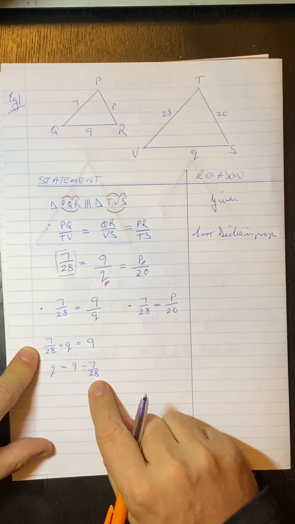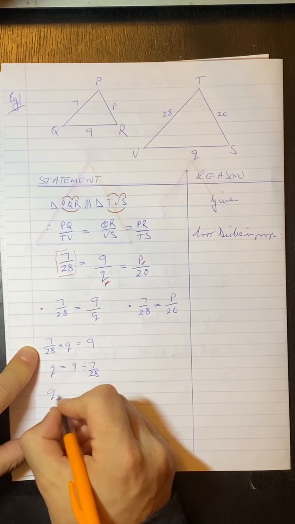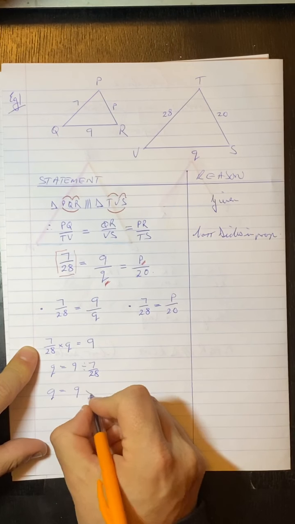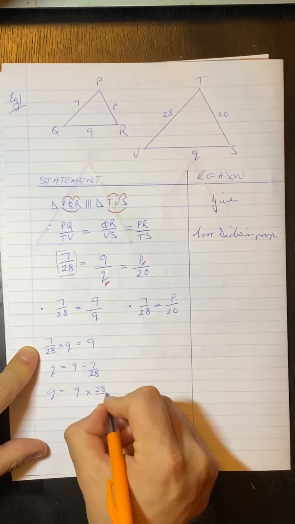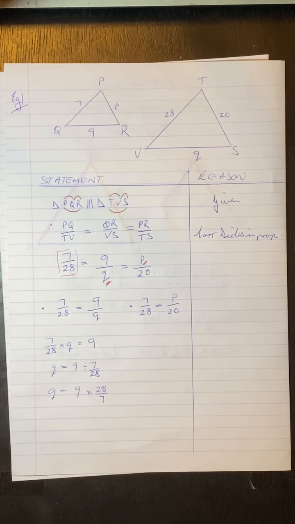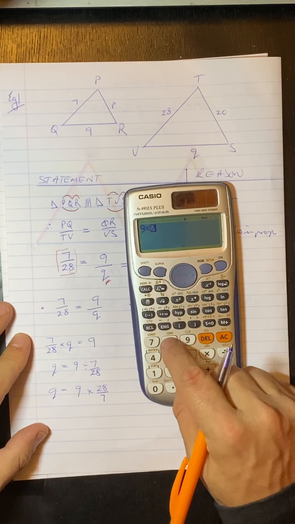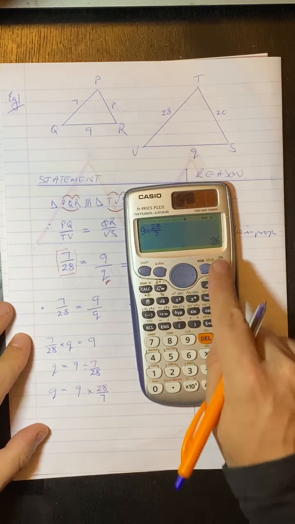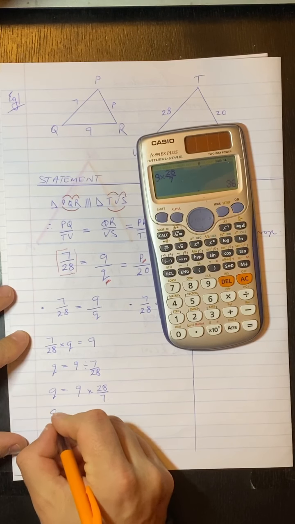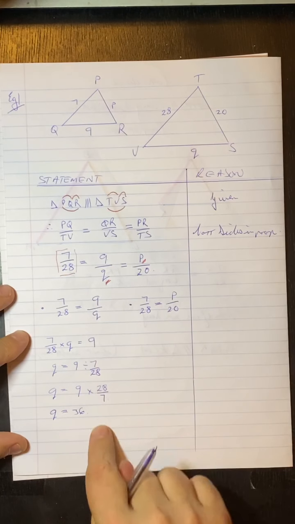And remember grade 9s, if you're dividing by a fraction, you tip and times. So we get Q is equal to 9 times 28 over 7. And you can put that on the calculator if you want. So we can say 9 times 28 over 7, and we'll get 36. All right, so that's our one that we solved.